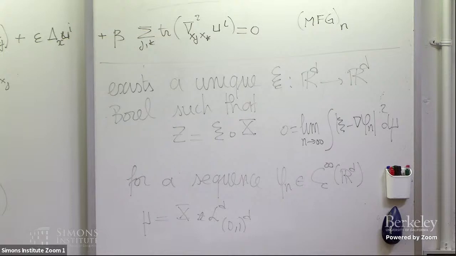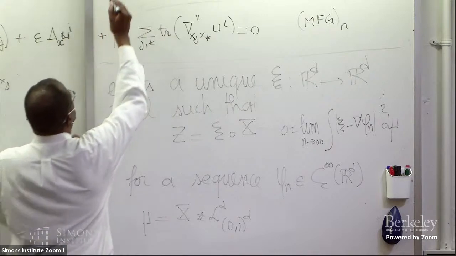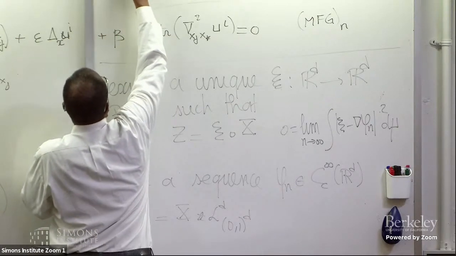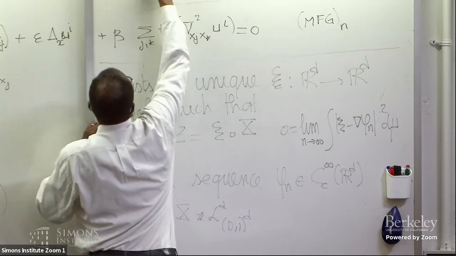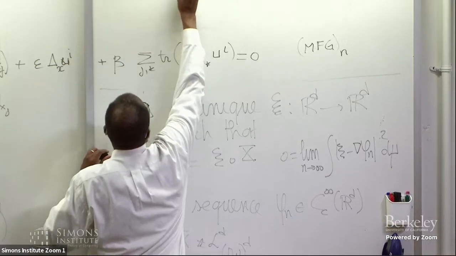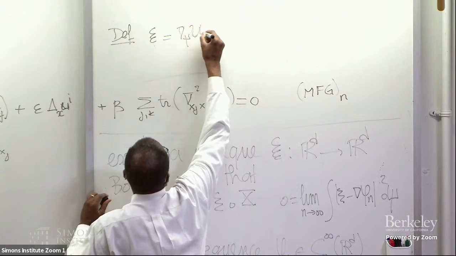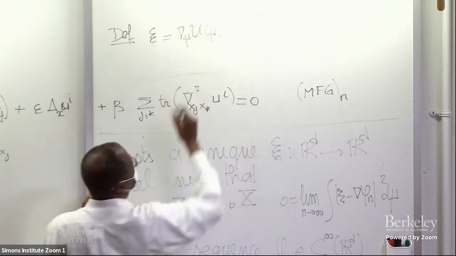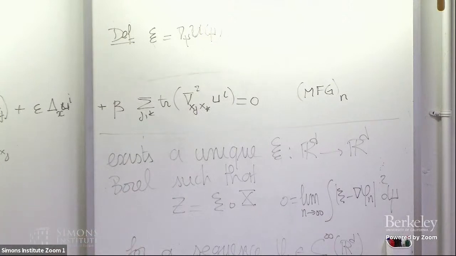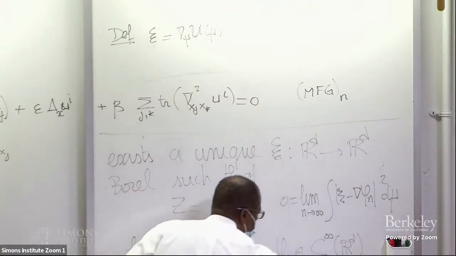So as done in convex analysis, I am going to define psi to be the Wasserstein gradient of U. And it coincides with the gradient people have used here.